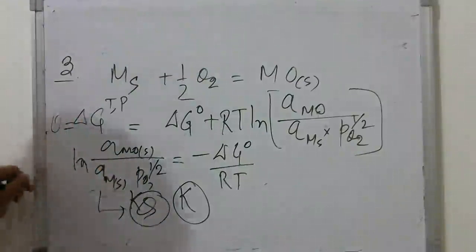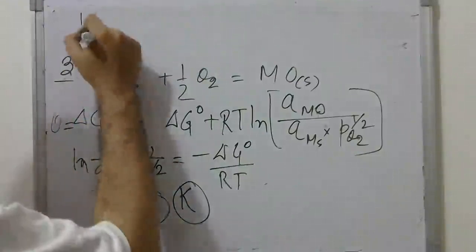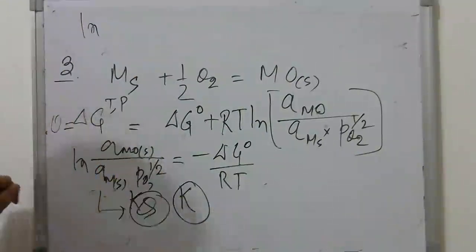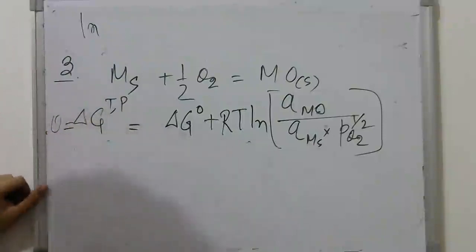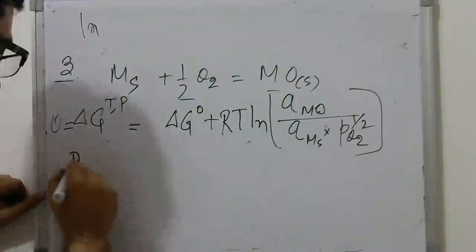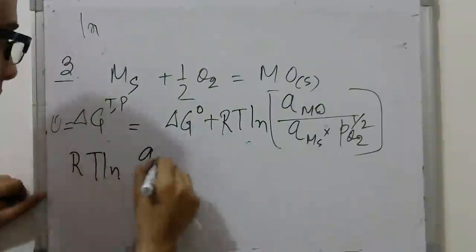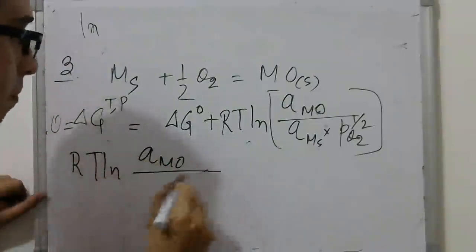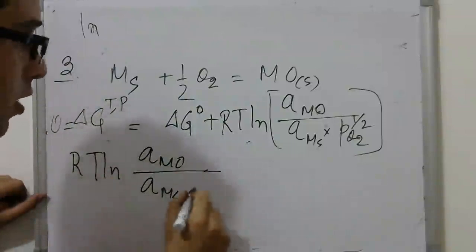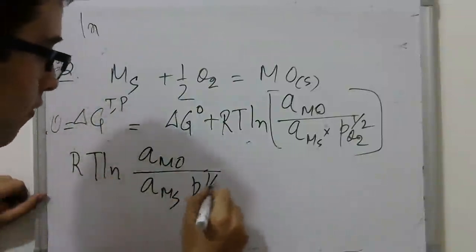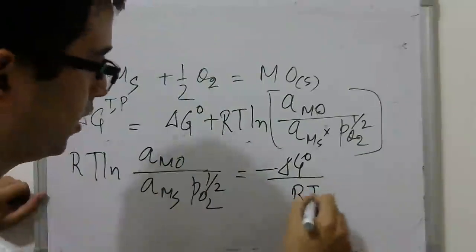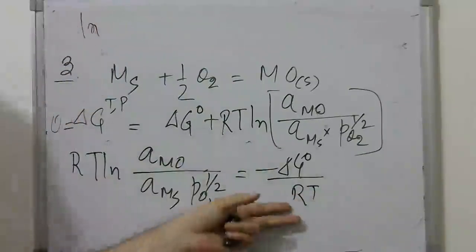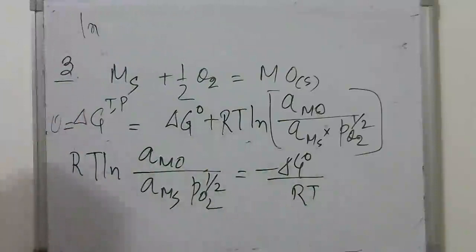So let's do it once again. I'll just erase this one. So this was the equation, right? RT ln of AMO by AM solid, PO2 half is minus ΔG0 by RT. R is the universal gas constant, 8.314 is the value.